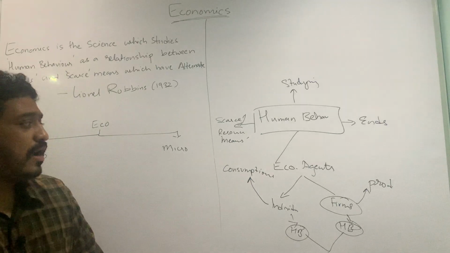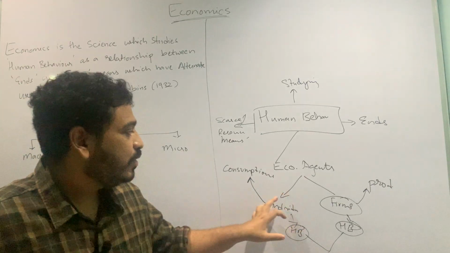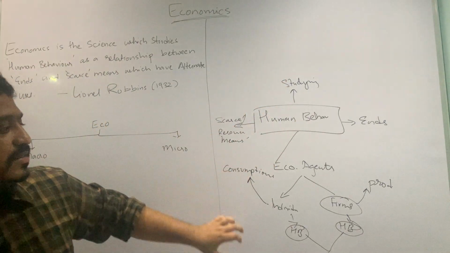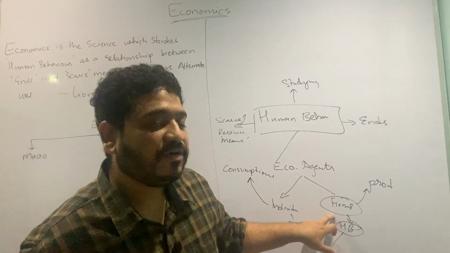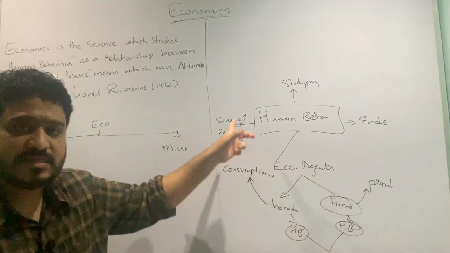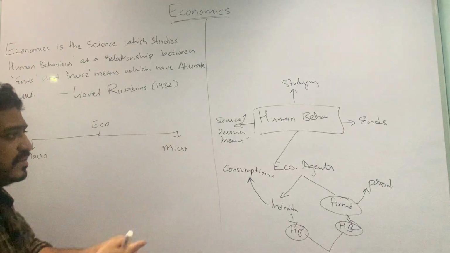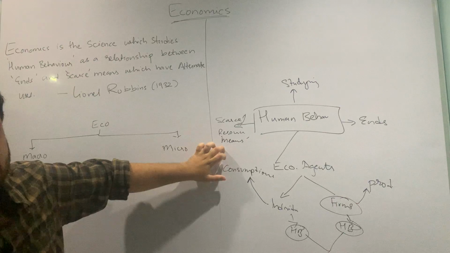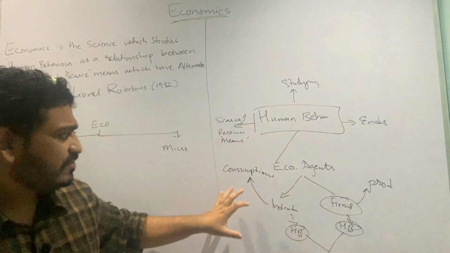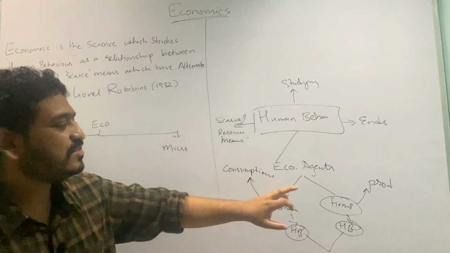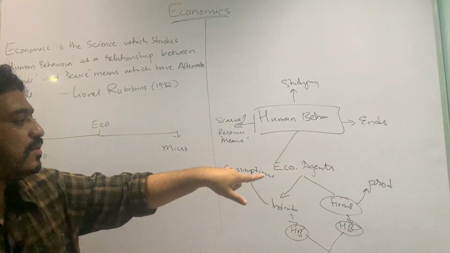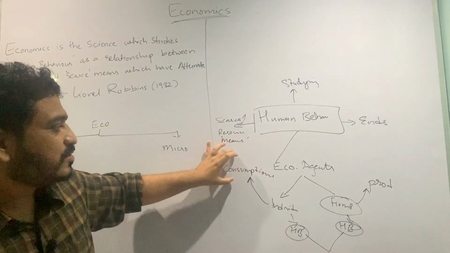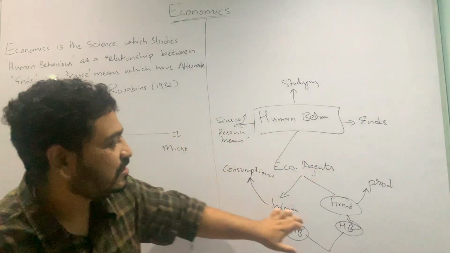How a consumer or an individual will look at his consumption basket is studied under economics, vis-a-vis how a producer or a firm is looking at his production decisions, which is also studied under economics.